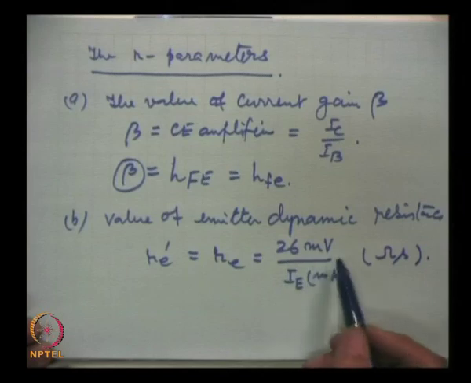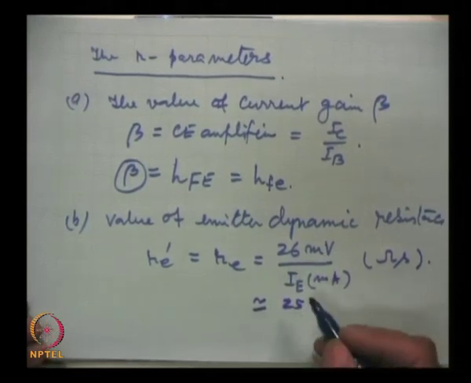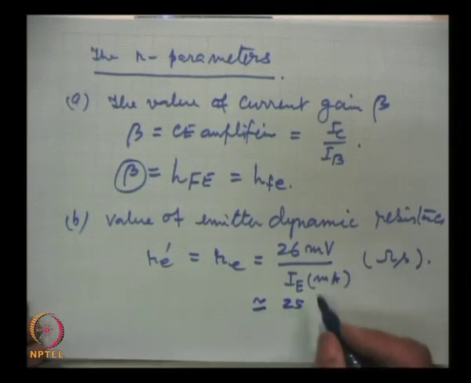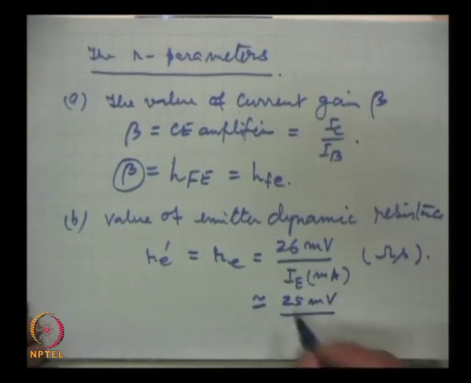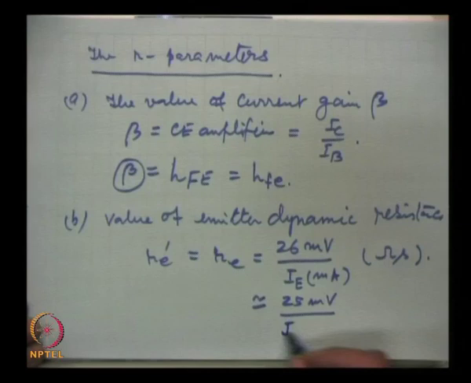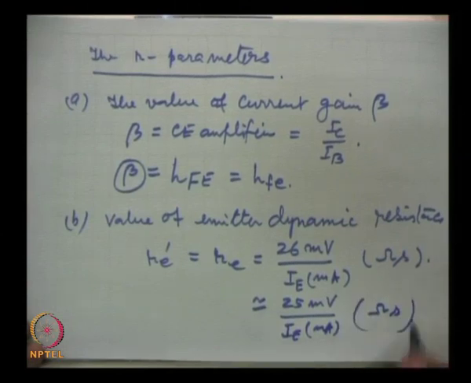And this 26 millivolts is also sometimes taken just 25 for the sake of convenience of calculation. One and the same thing, it will not incur much inaccuracy, and this is I E in milliamperes, then we get the value in ohms. So, these are the two parameters we require.